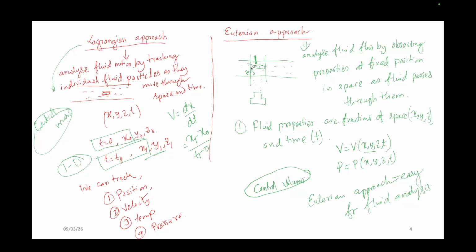No, it is quite difficult, right? So there should be some formulation based on which we can convert this control mass, that means a specific particle, to a control volume approach, right? That means we will be dealing with a fixed position. So that's why this is important.